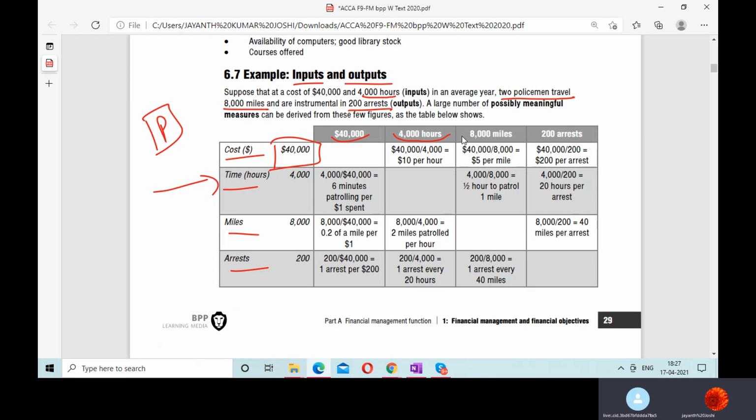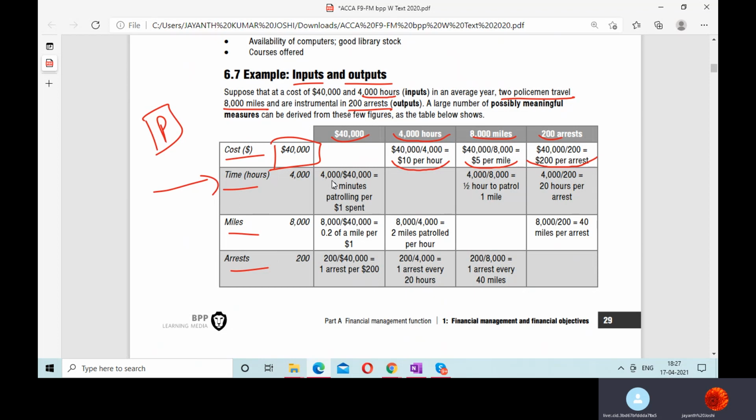These are the inputs. We'll see the output. If 40,000 is what I'm incurring and working for 4,000 hours, how much per hour are we spending? $10 per hour. If we travel 8,000 miles, how much per mile? $5 per mile. If we make 200 arrests, how many dollars per arrest? $200 per arrest.